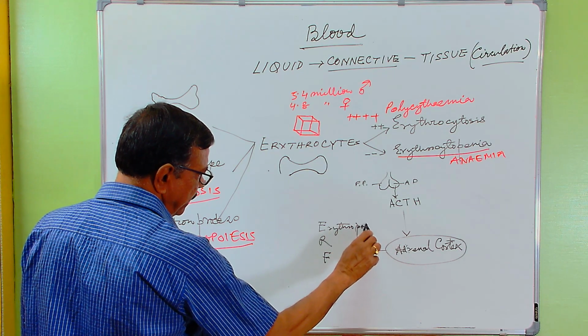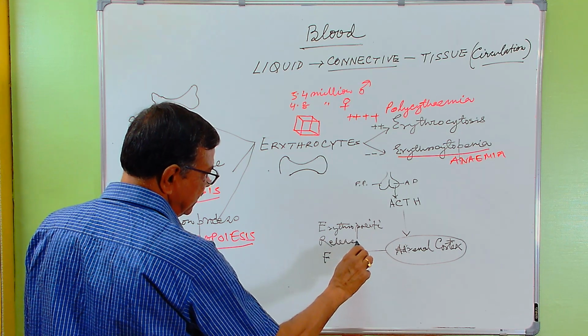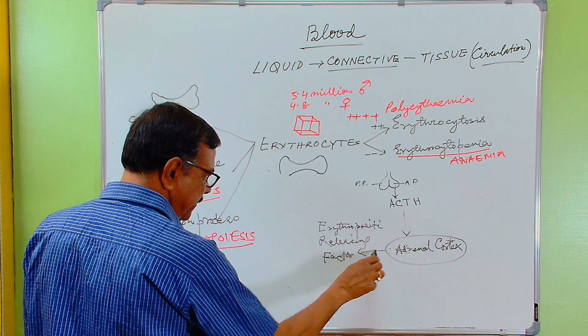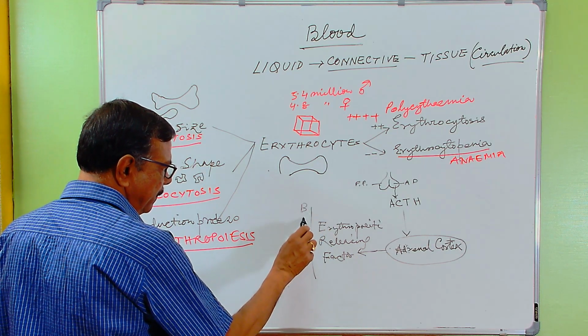They produce erythropoietic releasing factor. They give information to the bone marrow. To whom do they give it? To this bone marrow.